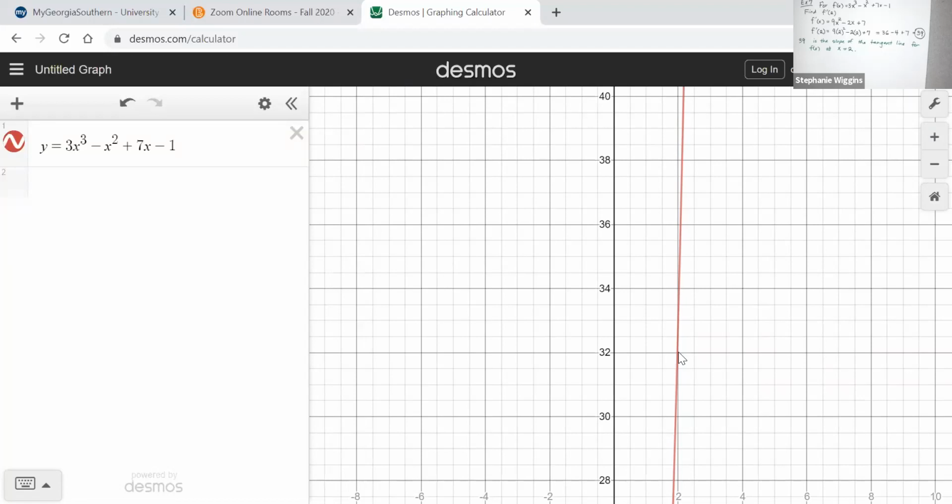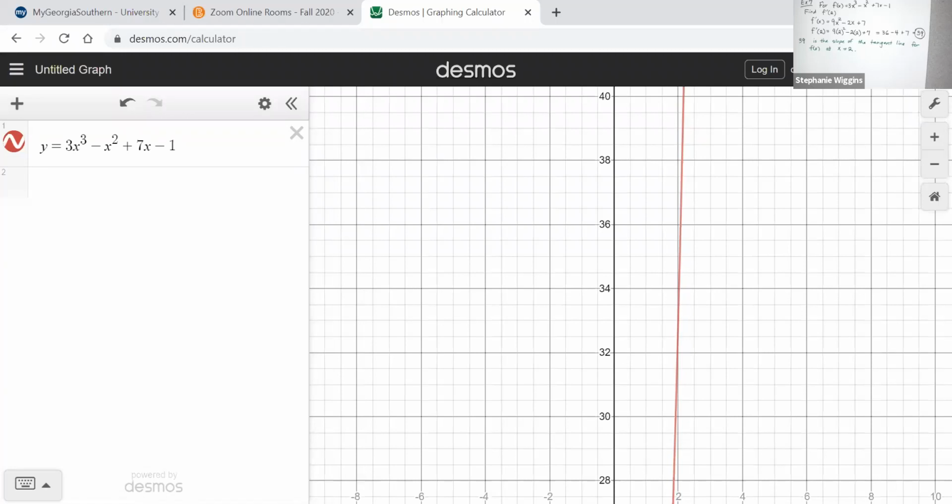And if I want to calculate the tangent line, the slope is 39, and you can see right at this point here, the slope is pretty steep. So if I were to draw the tangent line here, I'm not sure what the intercept would be. I'd have to go ahead and find that.